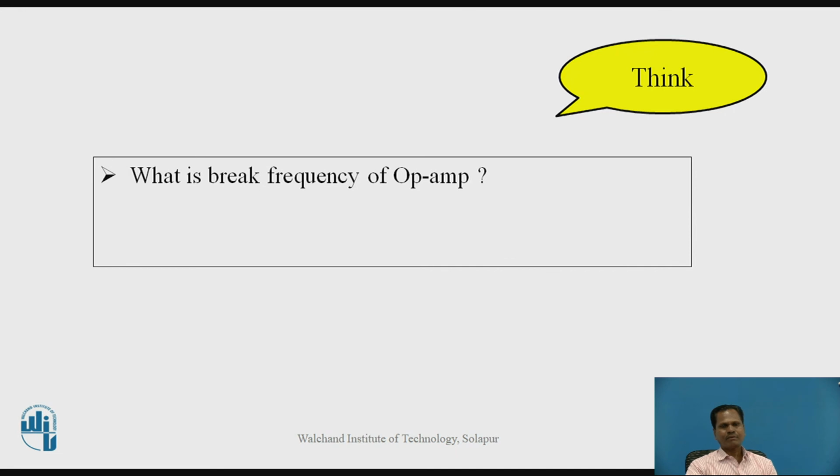The frequency of the input signal at which the voltage gain of the operational amplifier is 3 dB less than its maximum value, in open loop or closed loop circuit configuration. That frequency is called the 3 dB frequency, minus 3 dB frequency, break frequency or cutoff frequency. So the break frequency is the frequency at which the gain is 3 dB less than its maximum value for the operational amplifier.